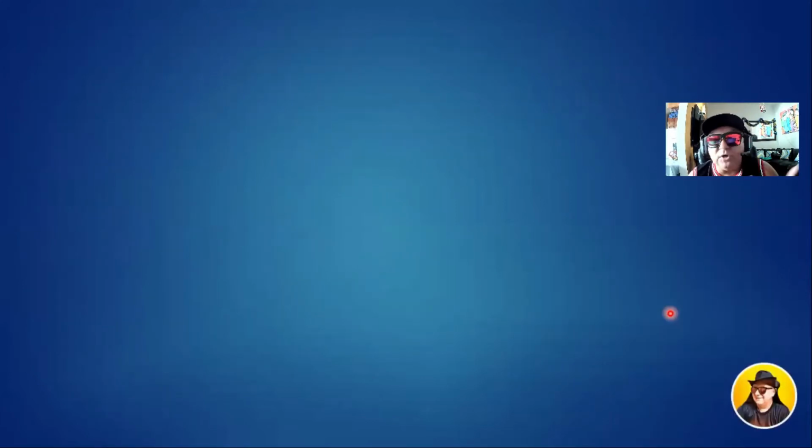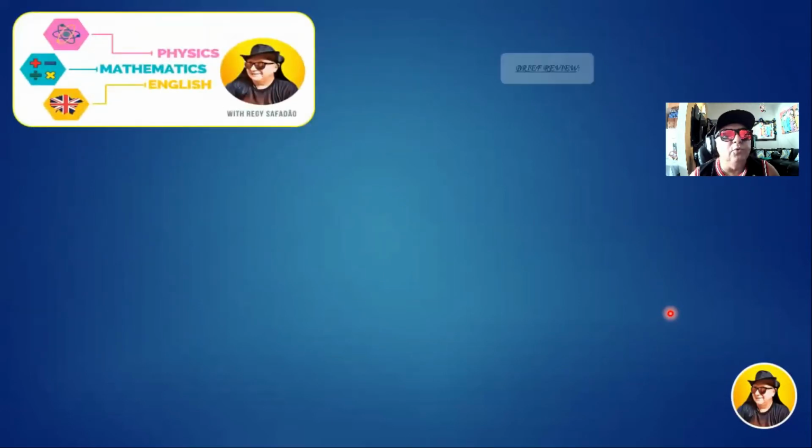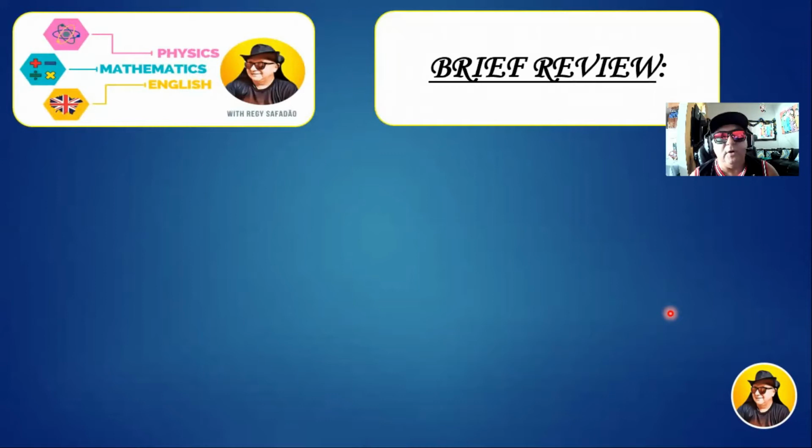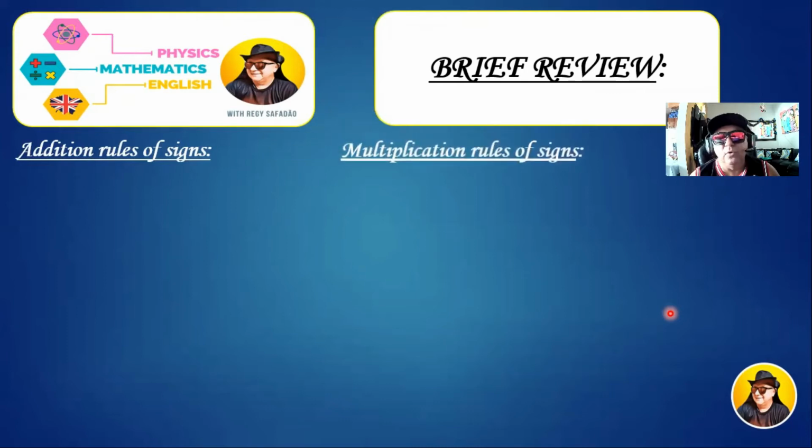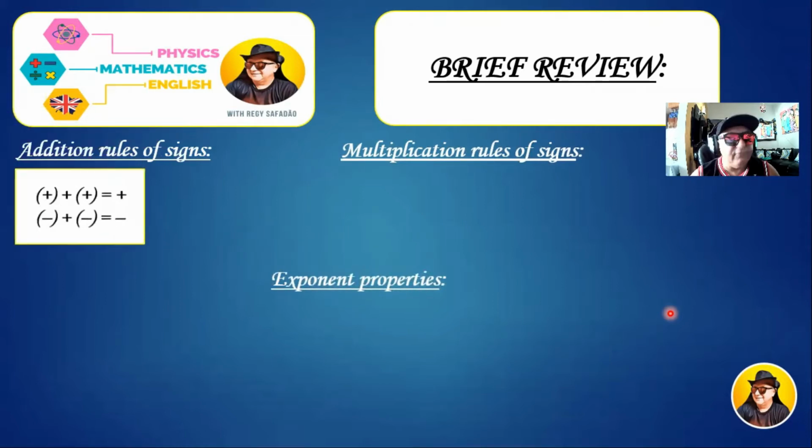Well, before starting our polynomial long division, I want to do with you a very brief review about addition rules of signs, multiplication rules of signs, and also exponent properties, okay? So let's do the first one.